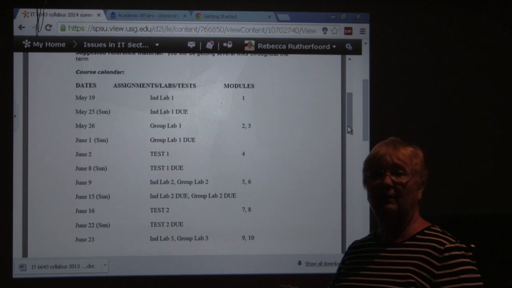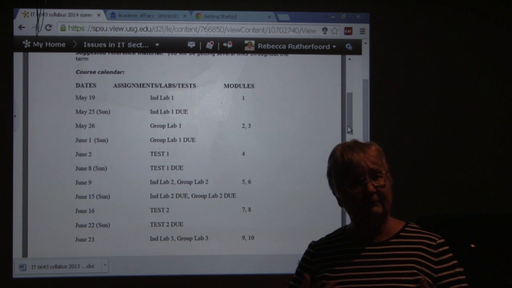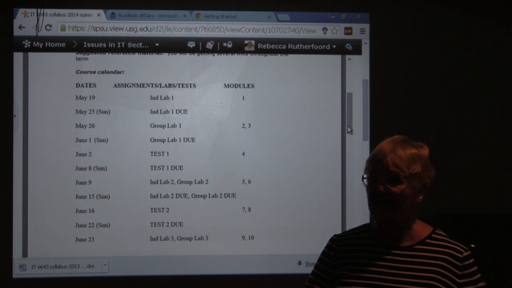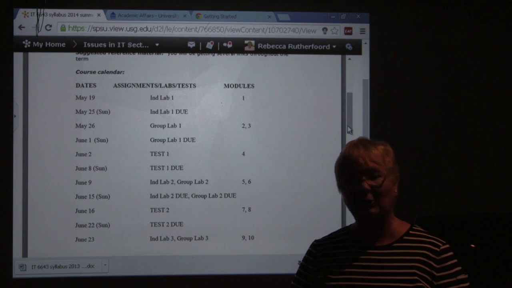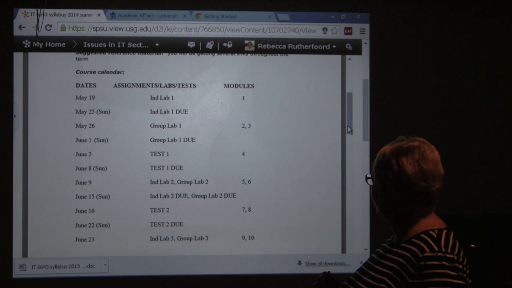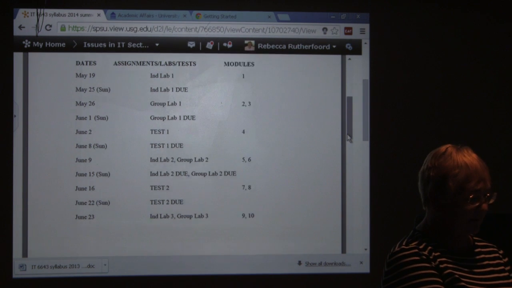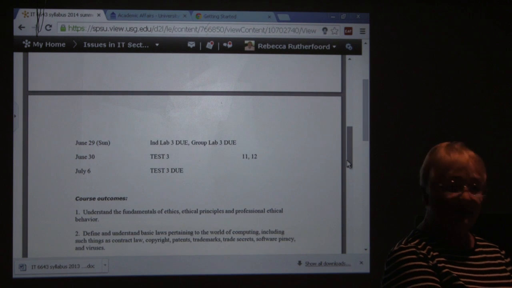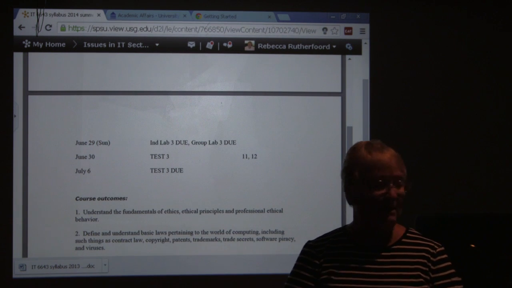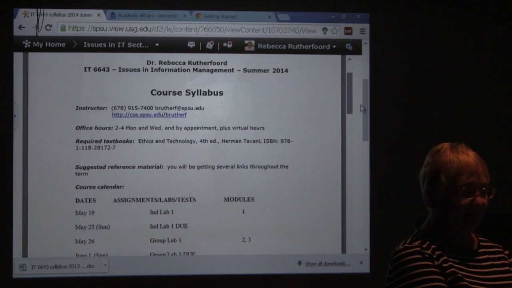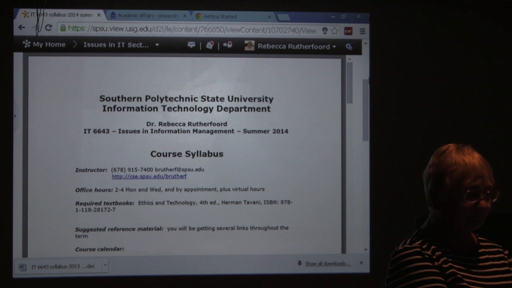The modules are also the chapters out of our book. We're going to be covering chapters 1 through 12, and the syllabus continues on down through July 6th. You'll be able to look at the syllabus and get an idea of when things are due.